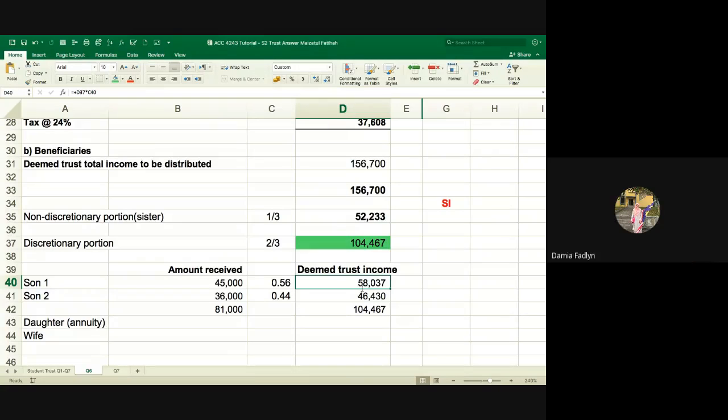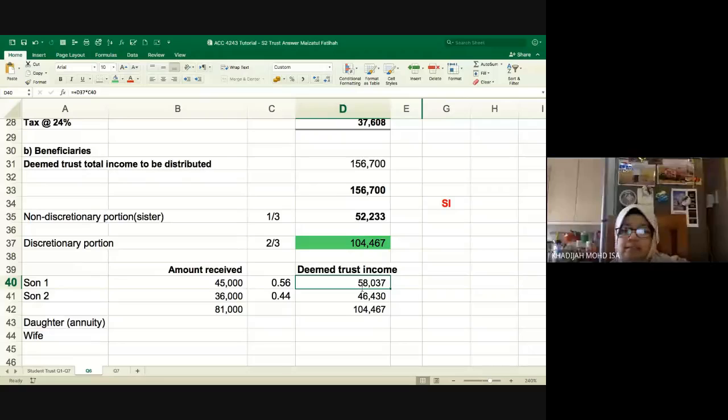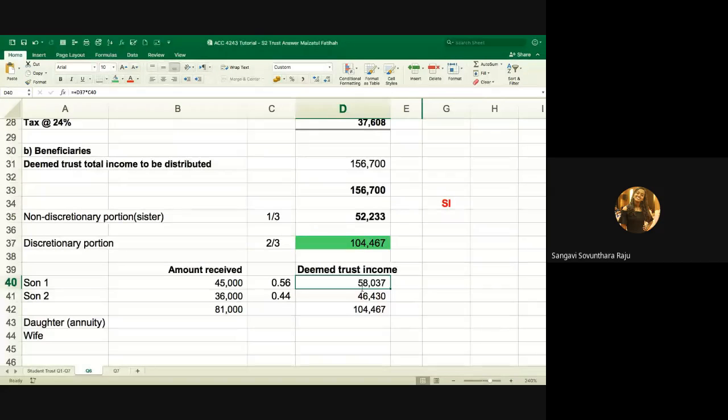If we use 0.56 times 104,467, the answer will be different.